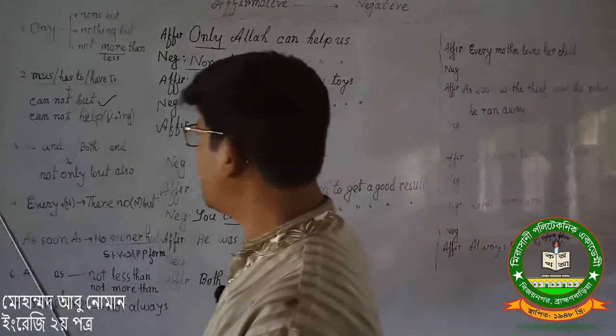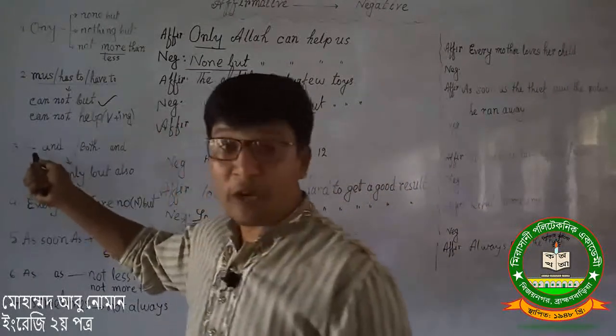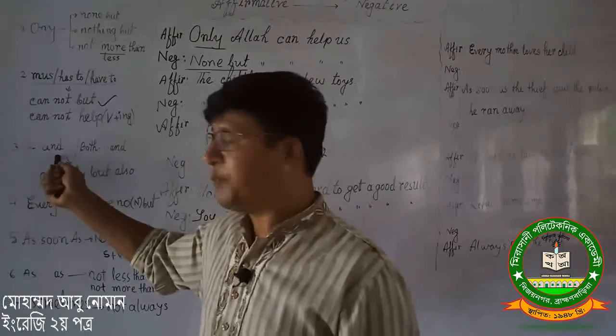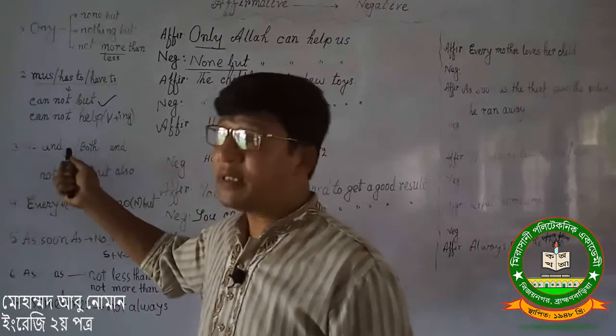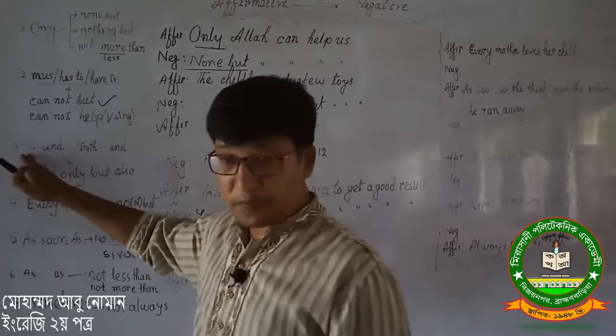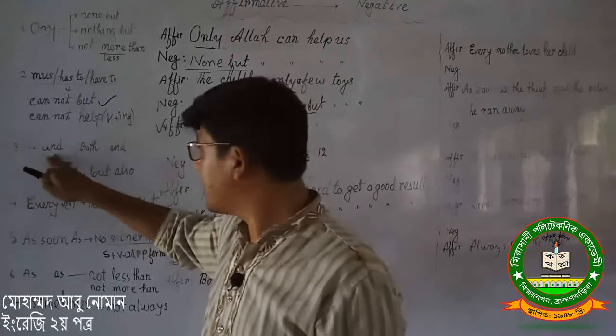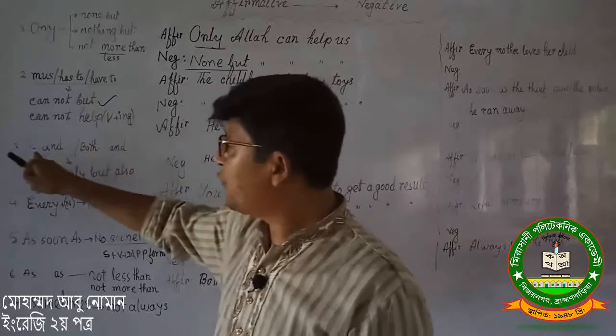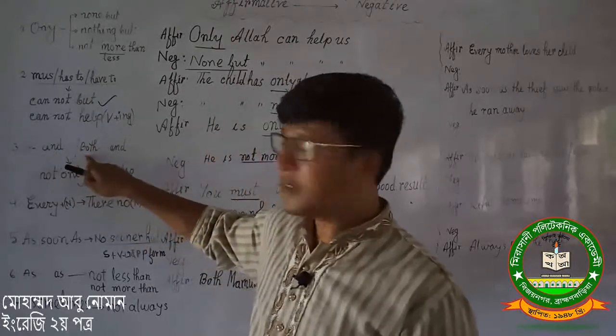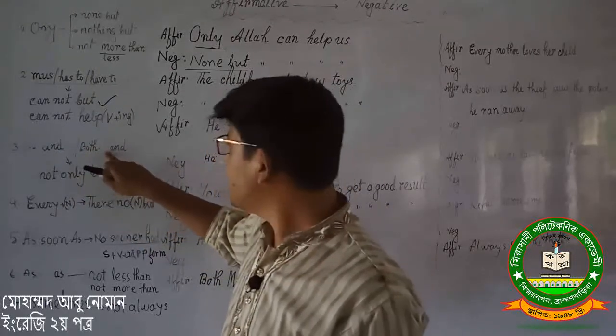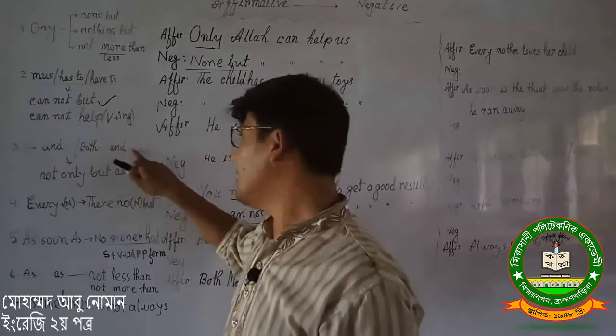Another rule: if you found and, and before and after and you have found a noun or word, two words connected with and, or you may find both and a noun and then noun.